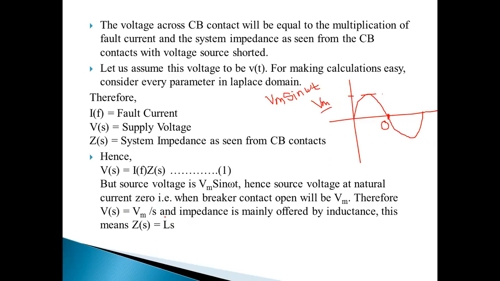And this V of S is equal to Vm divided by S, we have seen. And impedance is mainly offered by inductance, meaning Z of S is equal to L into S, and I told you as S into L.